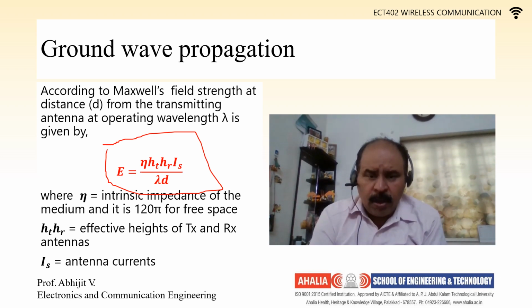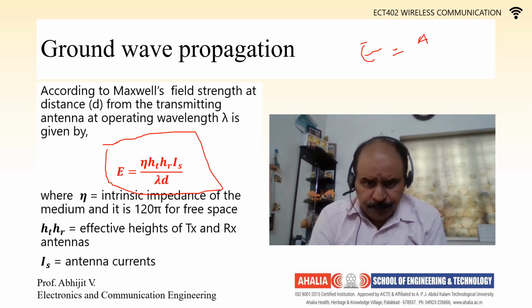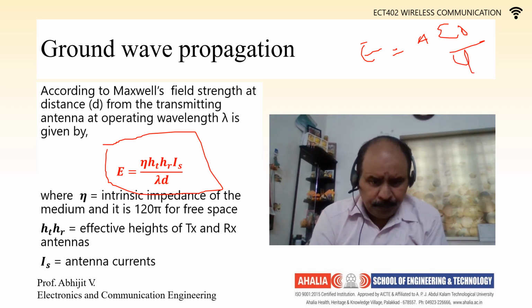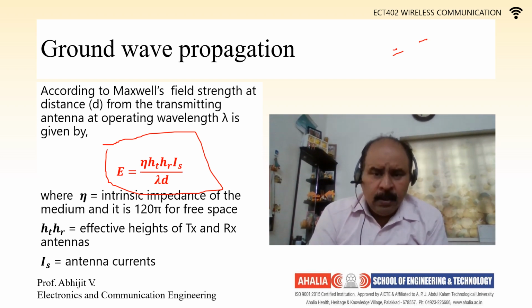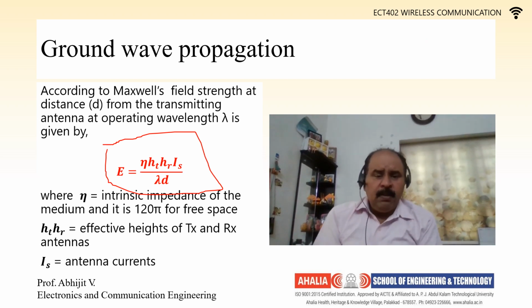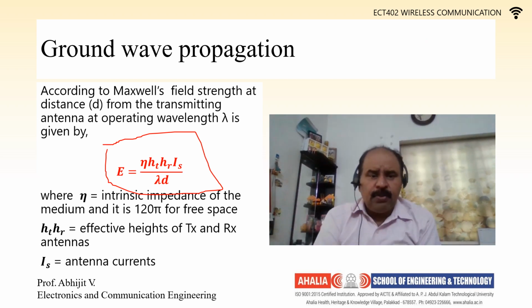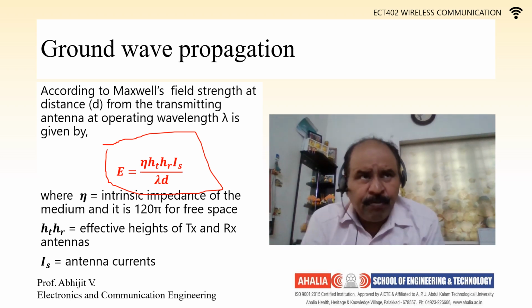E is also given by epsilon naught by d. These are the basic things that we are going to study, and with this we'll be taking up all the basic points related to ground wave propagation.